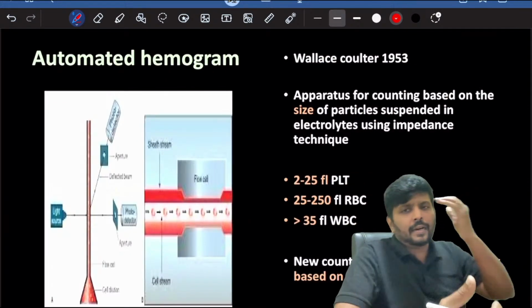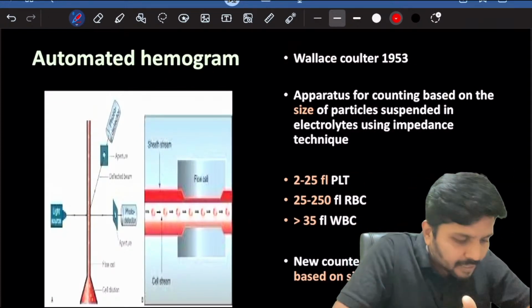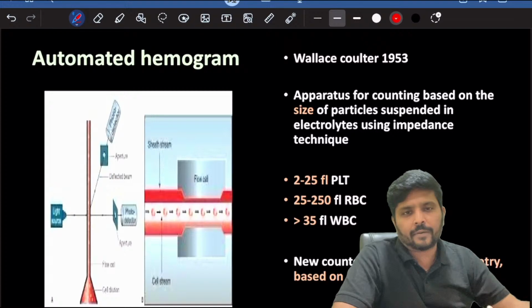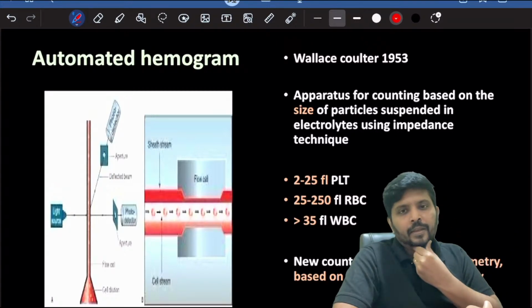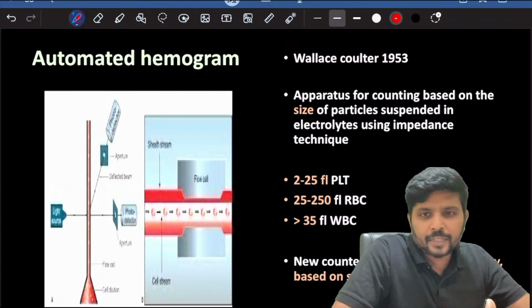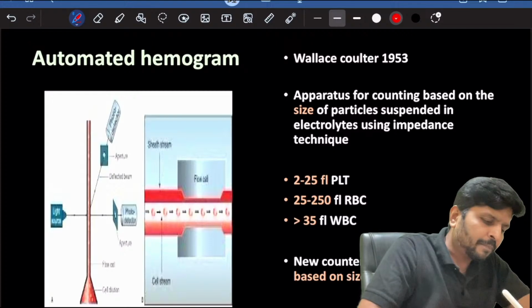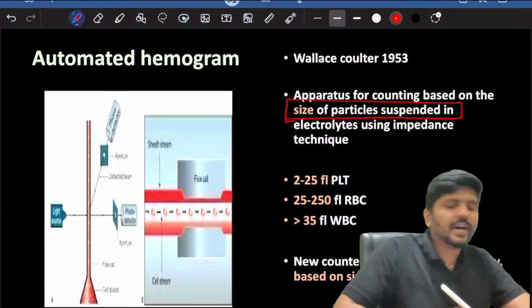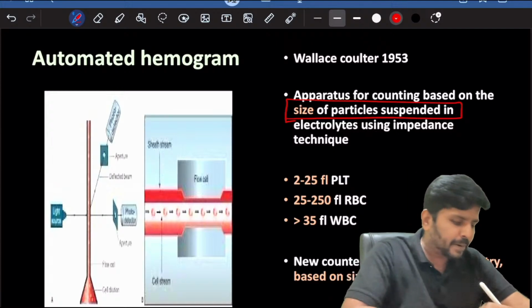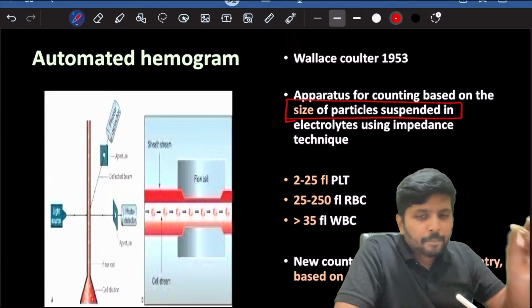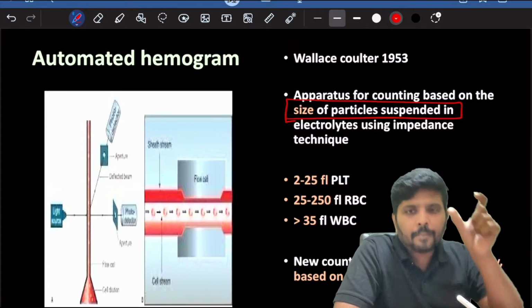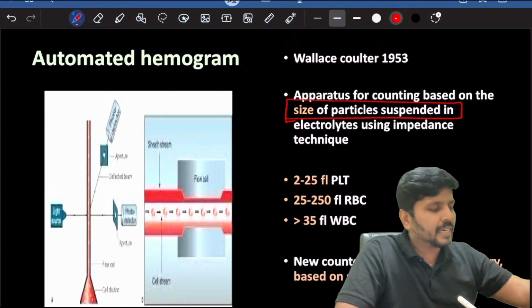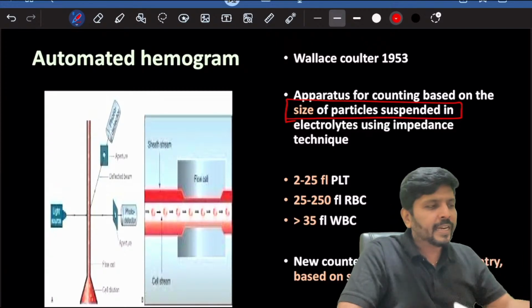Right, what is the basic principle behind this Coulter counter? Very simple. Look at this. The apparatus mainly finds out the size of the RBC suspended in the plasma. Based on the size of the particles, whether it is RBC, WBC, or platelet, it will match.